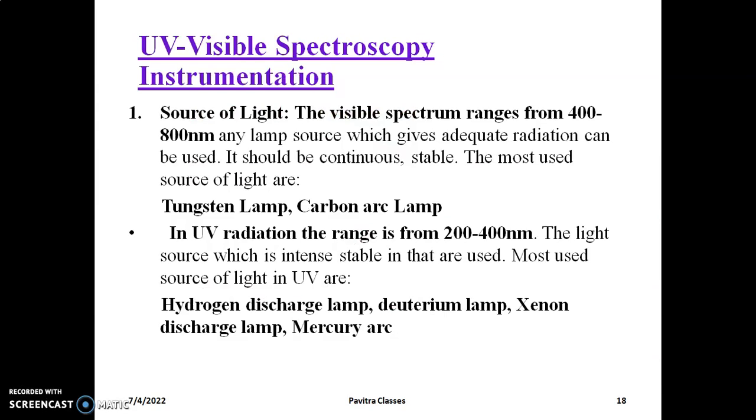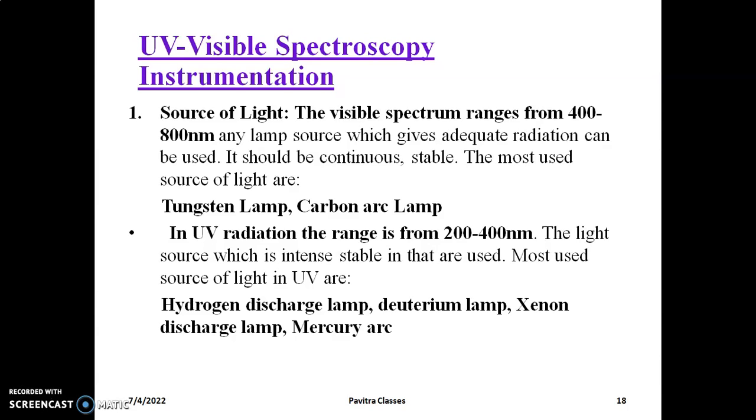First part is the source of the light. The visible spectrum usually ranges from 400 to 800 nanometers. So any lamp source which gives adequate radiation in this 400 to 800 nanometer range can be used. It should be continuous and stable throughout the experiment. The most used in visible radiation are tungsten lamps and carbon arc lamps.